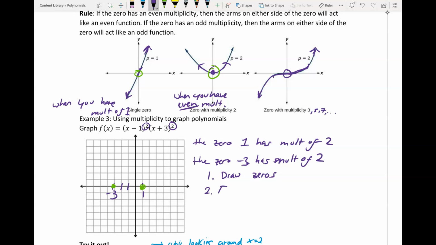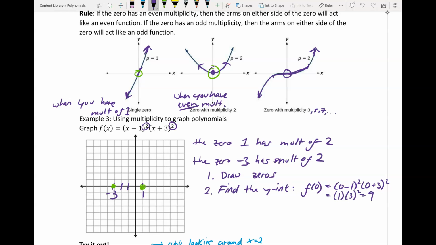Step 2 is find the y-intercept. So in this case, we're going to look at f of 0. So we just plug in x equals 0 into our function. So that is 0 minus 1 squared multiplied by 0 plus 3 squared, which is 1 times 3 squared, and that's 9.